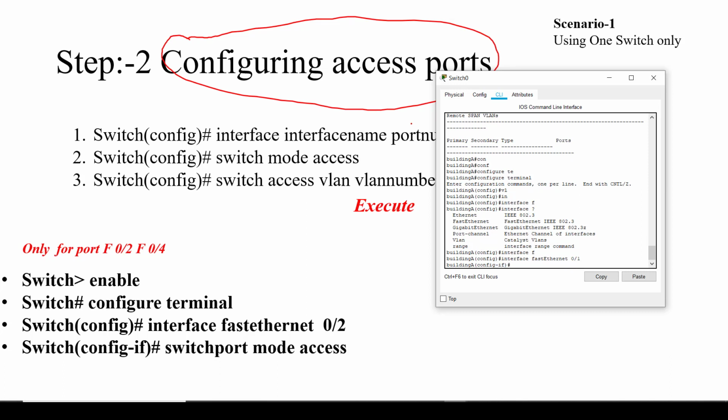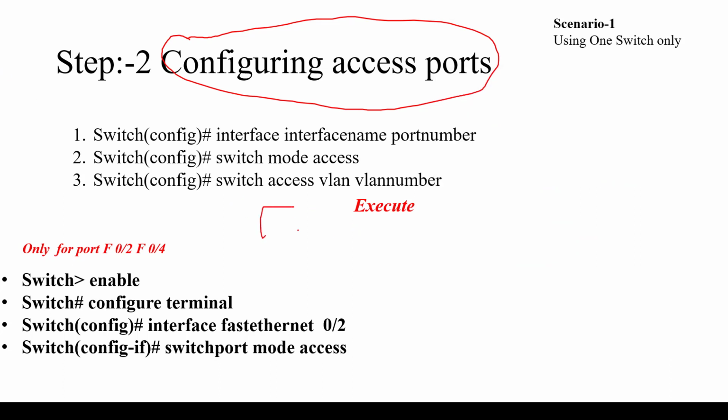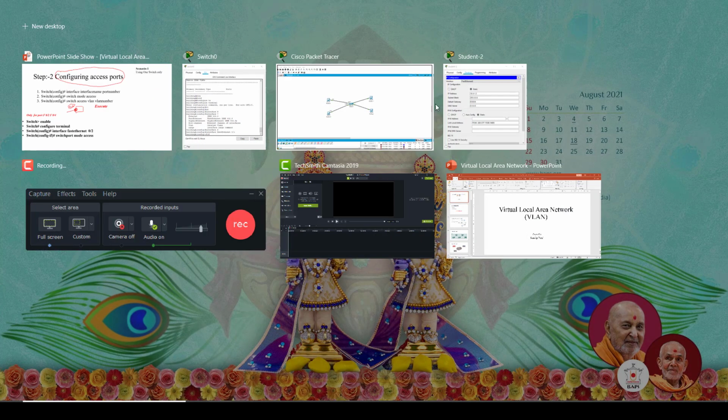Now we are in a specific port. For example, this is the switch and this port is F0/1. Once you enter a specific FastEthernet port, whatever command you execute will be performed on this specific interface, right?